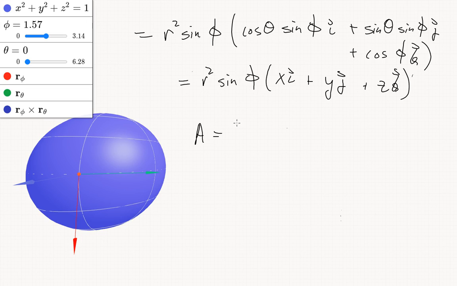Okay, but so our formula is, so it's the integral over R of the magnitude of S phi cross S theta d phi d theta.